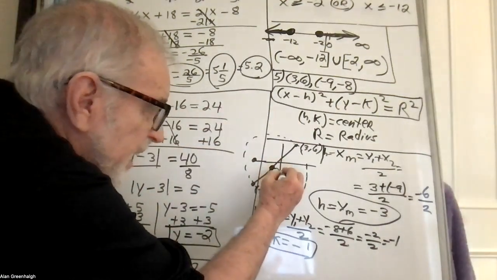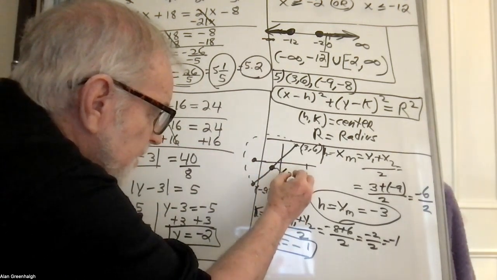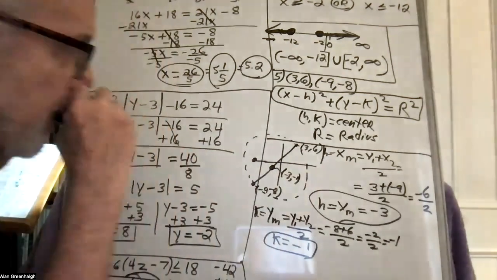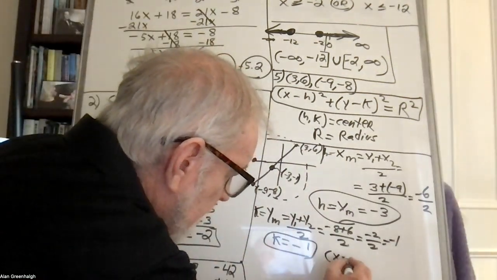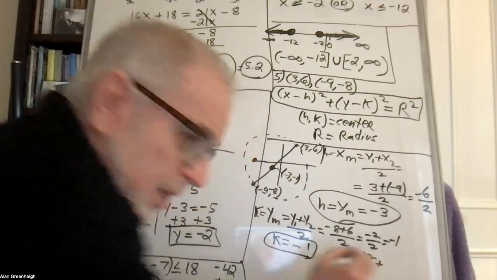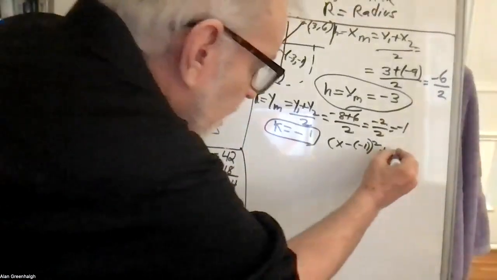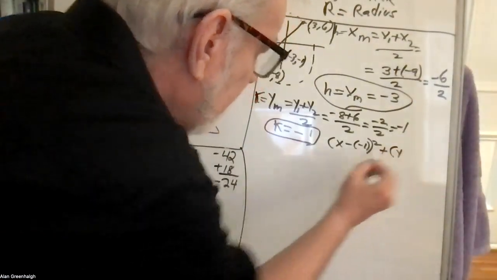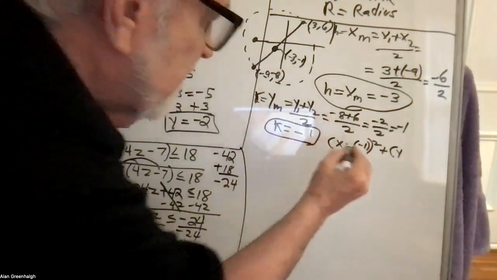So let me just put that here. That's (-3, -1). And in the formula, it would be (x minus -1) squared plus (y... See, I caught myself.